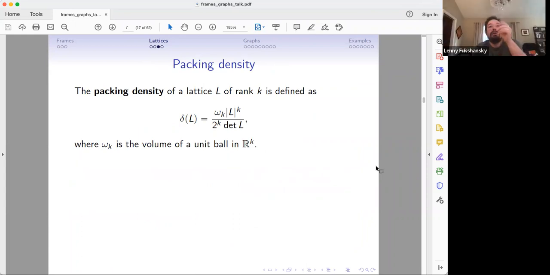Right. So you have a sphere packing associated to a lattice, and the classical problem in discrete geometry, which goes back to probably at least the 16th century or so, is: what is the densest sphere packing in a given Euclidean space?